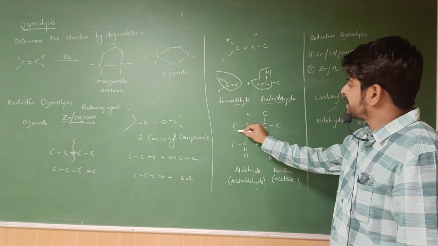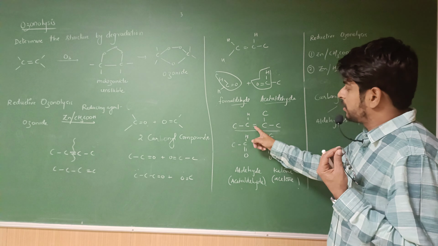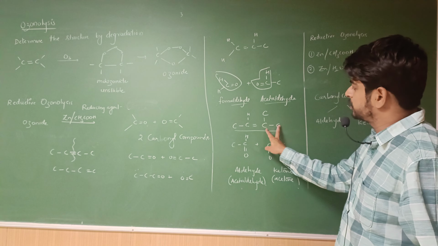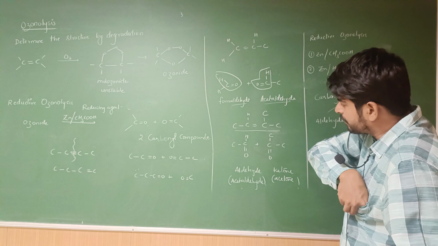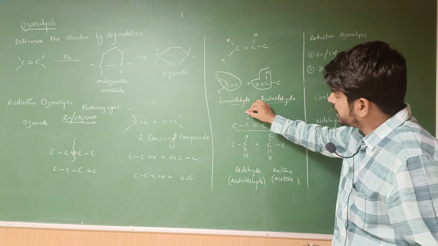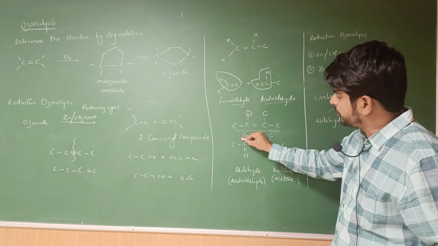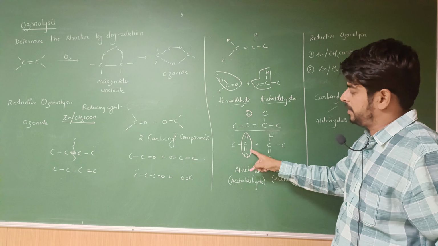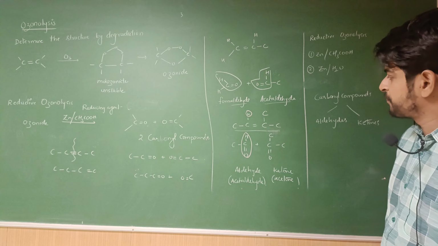Now let us look at this alkene. In this alkene, on this side of the double bond there are 2 carbon atoms, on this side there are 2 carbon atoms, but this carbon atom has 1 more carbon atom. Now have a look at the product. This carbon atom holding the double bond has a hydrogen. So this will be a CHO group, that means it will be an aldehyde. It is nothing but acetaldehyde because 2 carbon atoms are present.